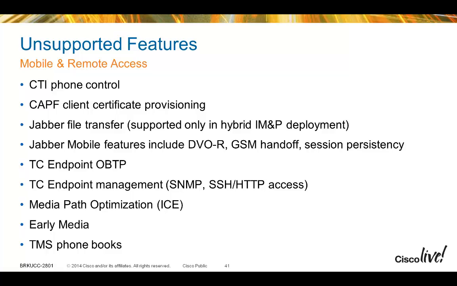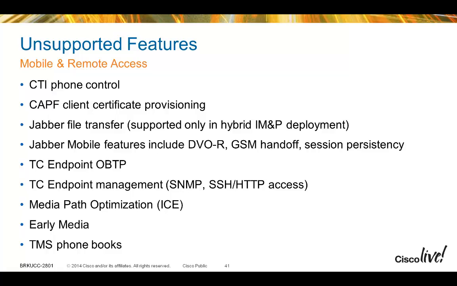For the most part, it's real-time media and some of the HTTP type access. The Jabber mobile features are coming, but today DVO-R, some of the handoff stuff or session persistency is not there, but this is something that's high on the priority list. One button to push, OBTP, for the TelePresence endpoints, that's not something we can do today. We had a question earlier about TelePresence endpoint management. You will not have SNMP access or HTTP access or SSH or anything like that to these remote endpoints.